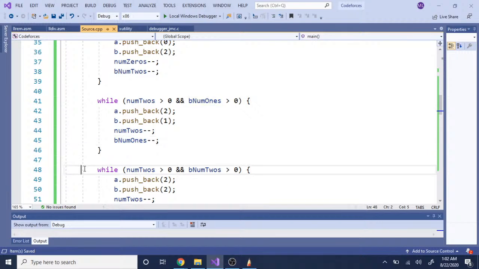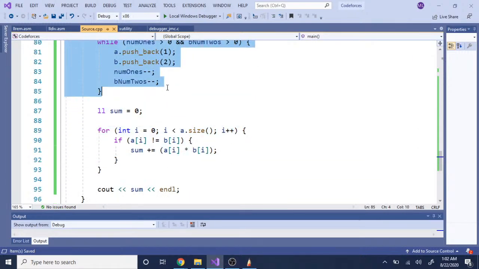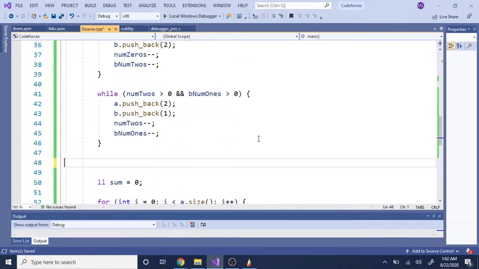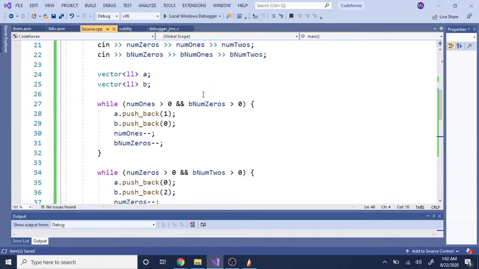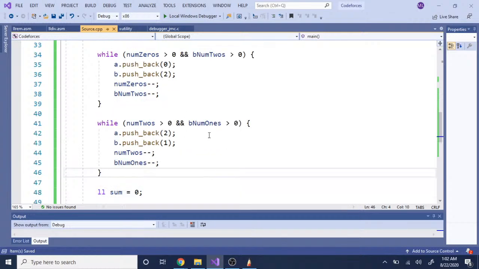So I guess we don't actually need all the rest of these cases based on what they're saying. We can just take these out because then we're going to have zeros. 1 0, 0 2, 2 1. 0 2 is a pair of 2 zeros, that removes your zeros.